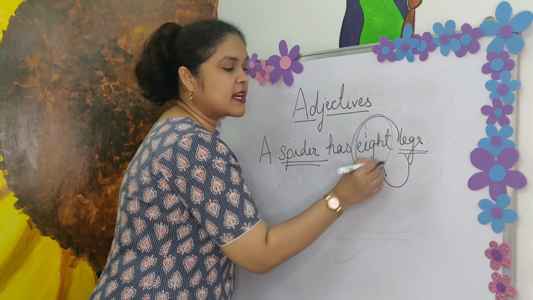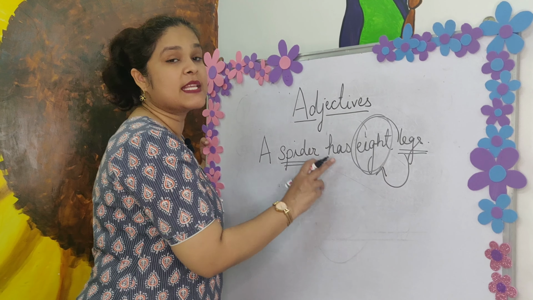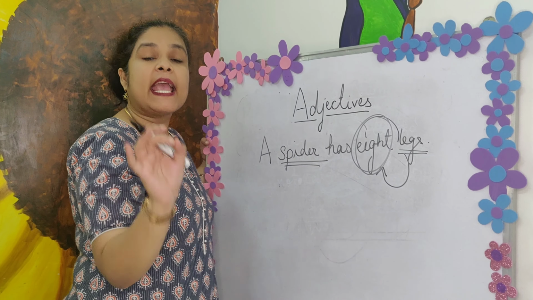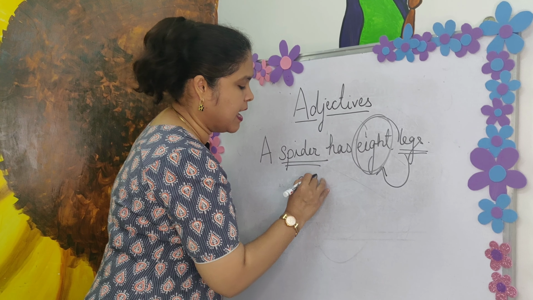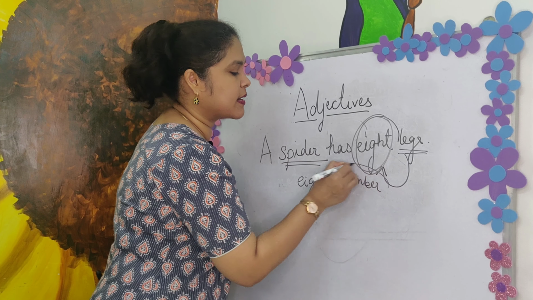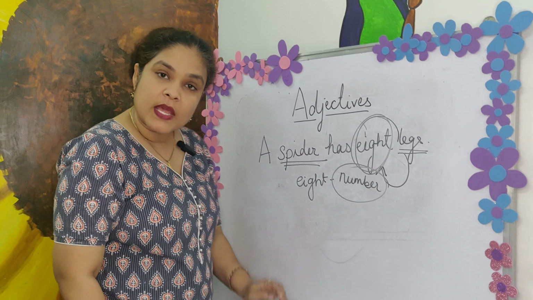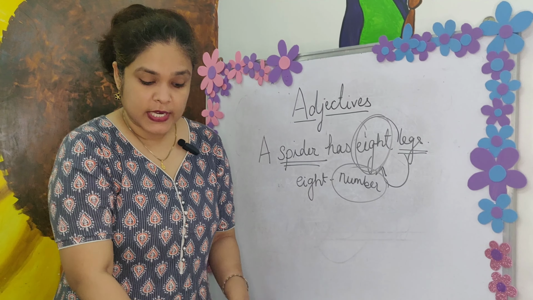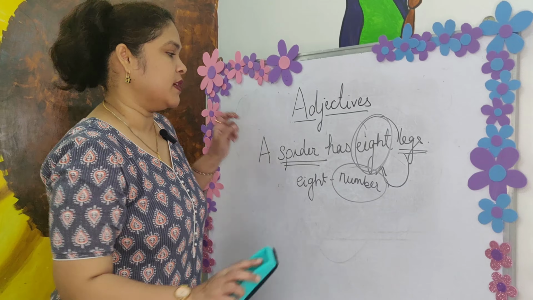So 8 describes the number of legs that it has, right? A spider has 8 legs. How many legs? 8 legs. So here 8 becomes the adjective of number because it describes the number which is represented by the noun in a sentence. So in today's class we will be learning about demonstrative adjective.